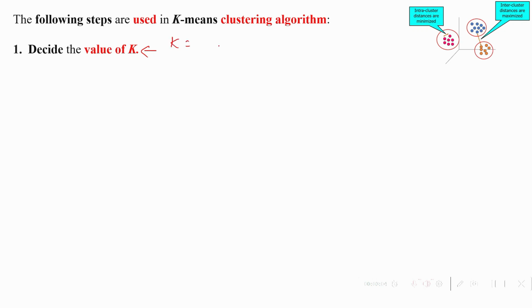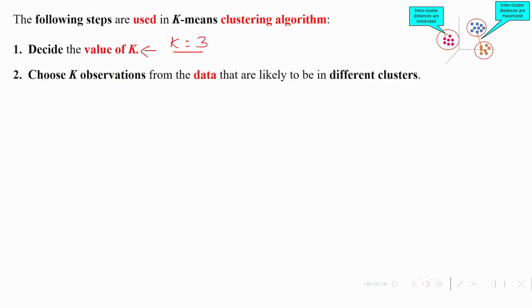For example, here k equals 3. Now choose k observations from the data that are likely to be in different clusters. That is very important.